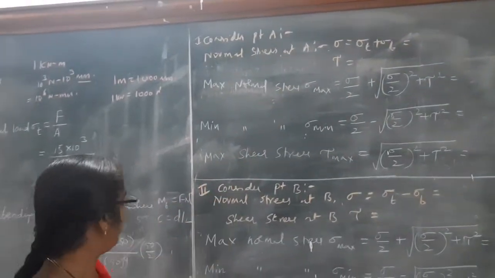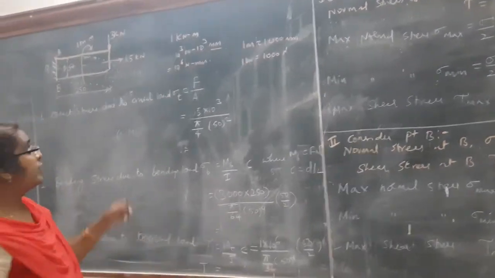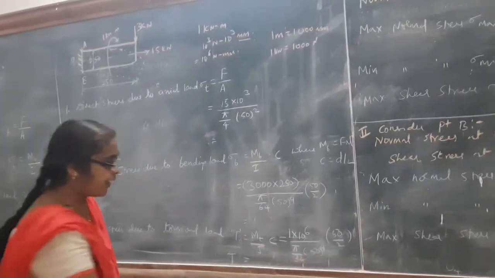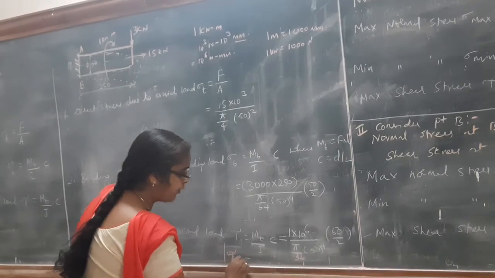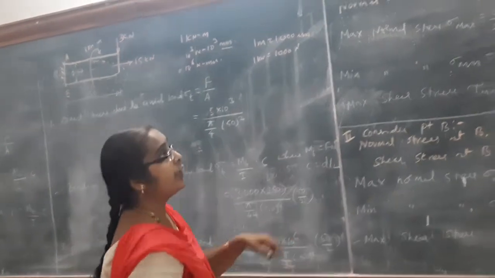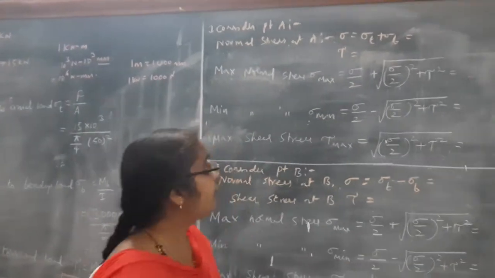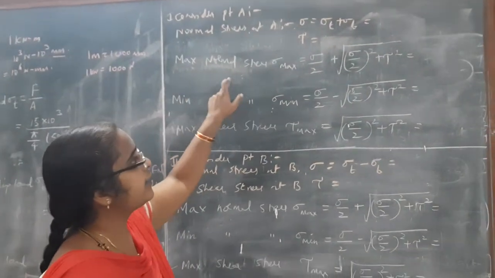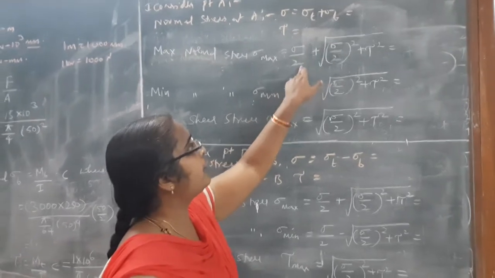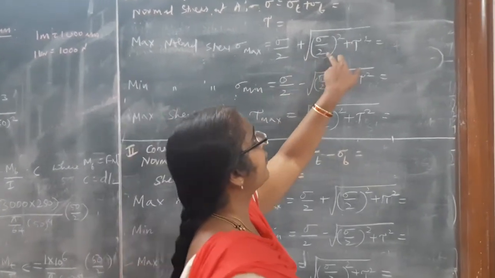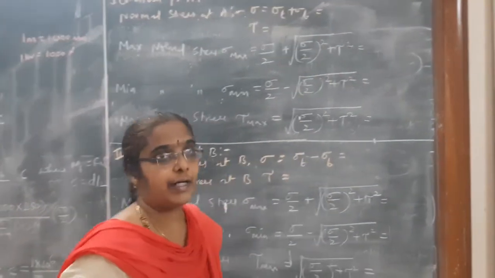And tau, the shear stress, is the same value that we got earlier; substitute it here. So now we know the value of sigma and tau. To calculate the maximum normal stress, the formula is sigma by 2 plus the square root of (sigma by 2) whole square plus tau square.